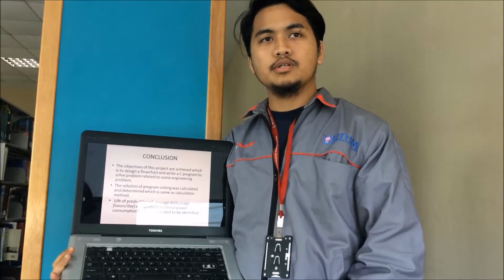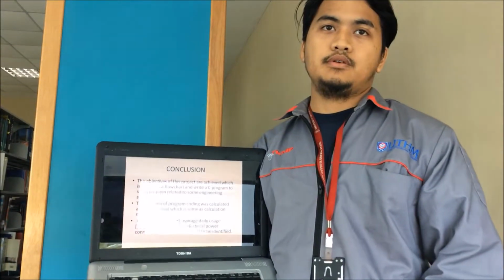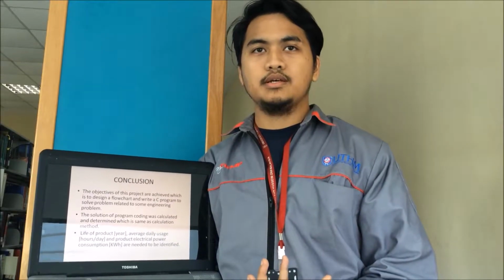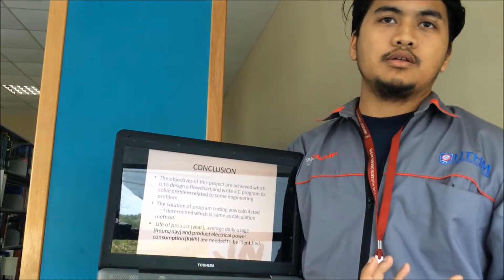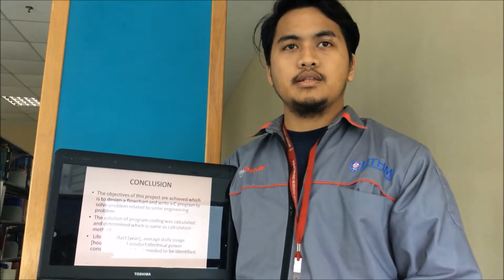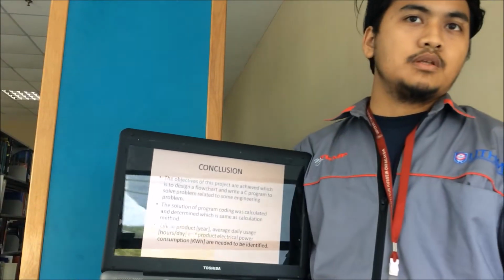Okay, for the conclusion, it would seem that the objectives of this project are achieved, which is to design a flowchart and write a C program to solve a problem related to engineering. And then the solution program during coding was calculated and determined with the same calculation method.